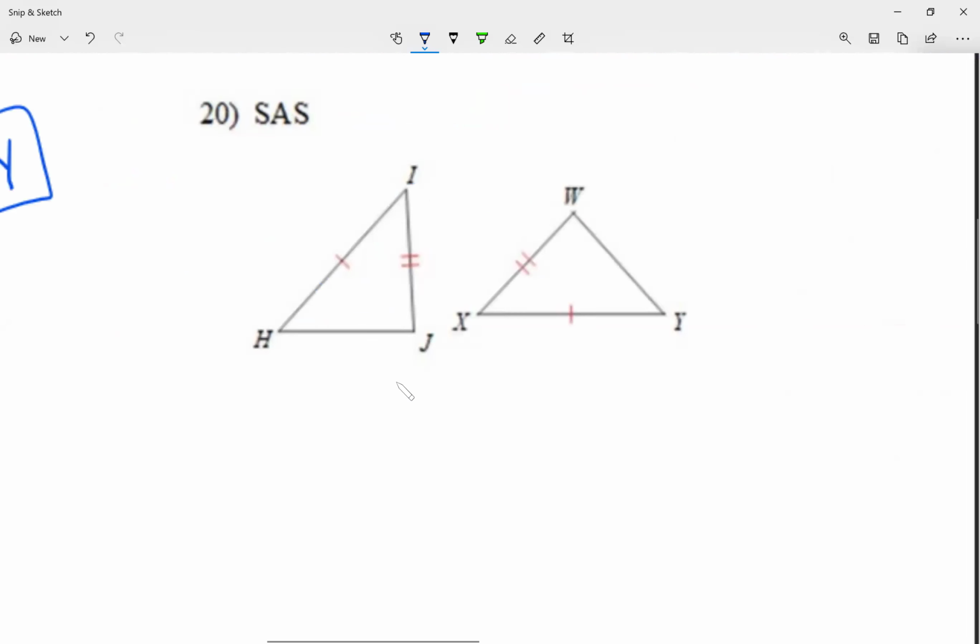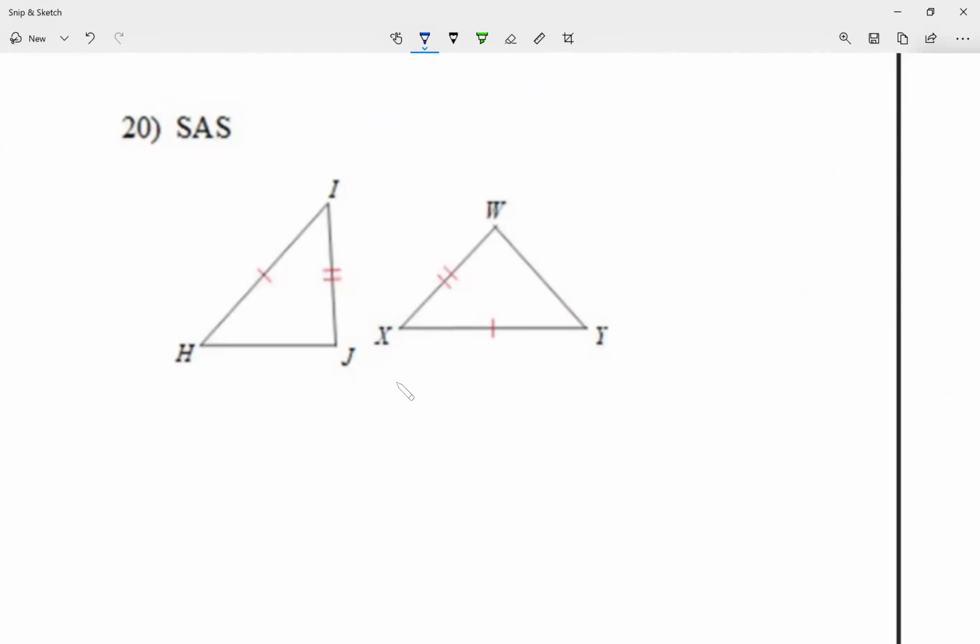So let's take a look at number 20. First, I ask myself indirectly, can I mark a side and an angle that are not given? Remember, I can mark a side if the two triangles share it, like I did in number 19. I can mark an angle if the two angles make an X. Well, neither of those cases happen to be here. So now I need this to be side angle side.